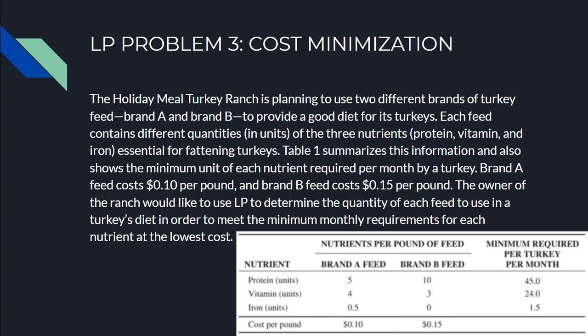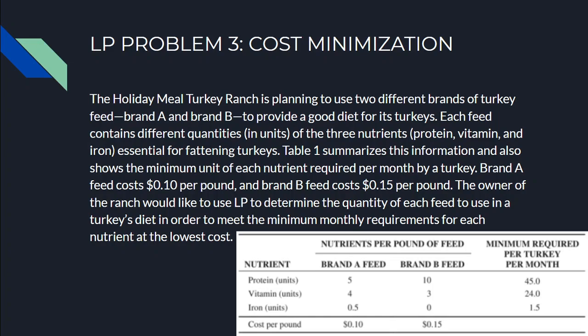Pero si brand B ay 10 units of protein ang laman sa 1 pound. Okay? And then yung vitamin naman ni brand A ay may 4 units for every pound. Brand B has 3 units for every pound. Iron has 0.5 units for every pound. Si brand B walang iron. Okay? So 0.